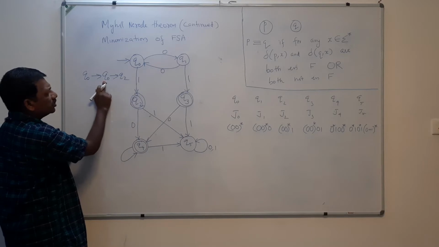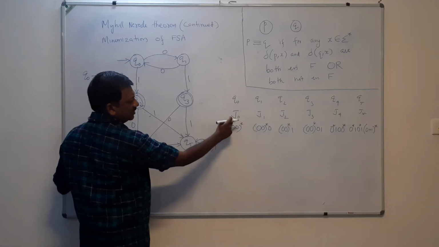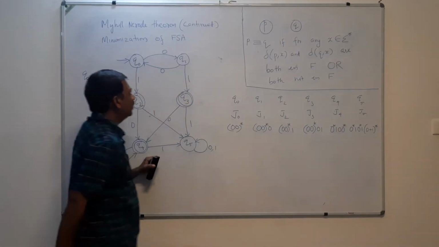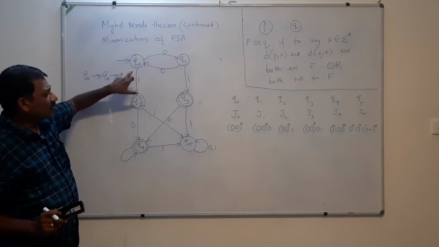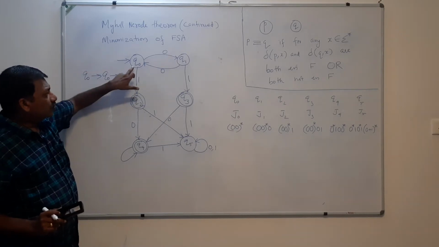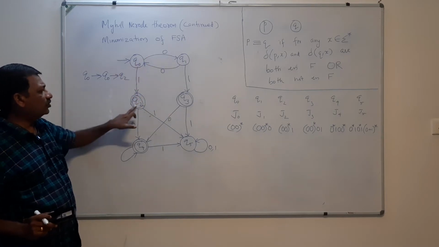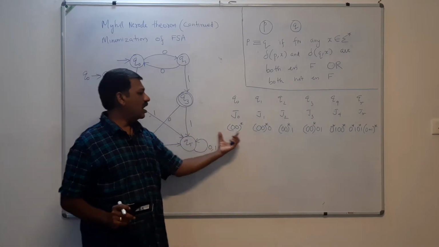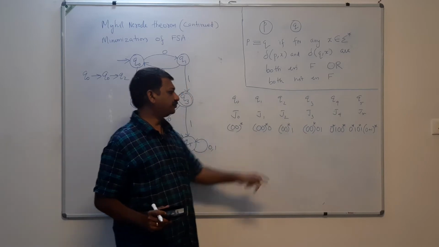Q0 to Q0 and then to Q2. What is Q0 to Q0? That is represented by (0 0) star, followed by 1. That means the string which causes the control to go from Q0 to Q0 and then to Q2. That is why (0 0) star 1.